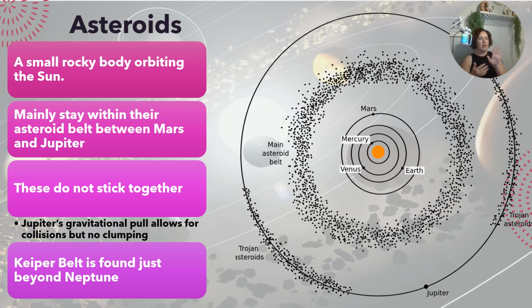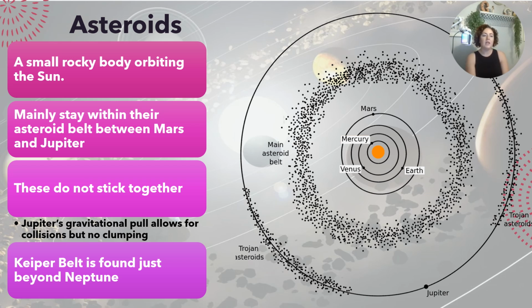If we were to imagine the solar system before all the planets, most of the time the solar system looked like this, where you had a bunch of little rocks within one orbital path. And eventually they started to clump together, and that's how we then created our planets.